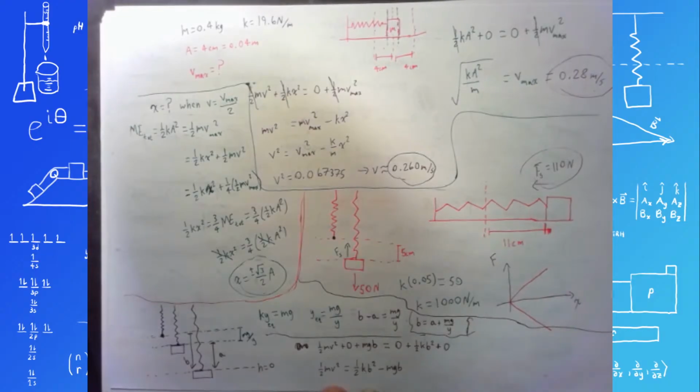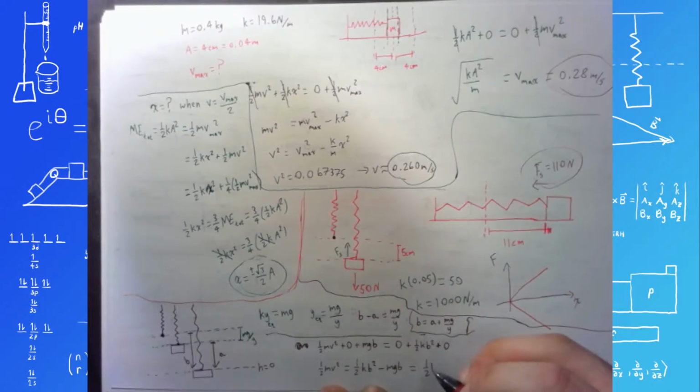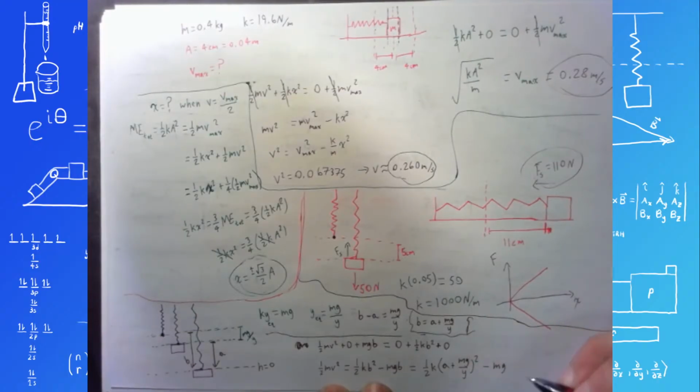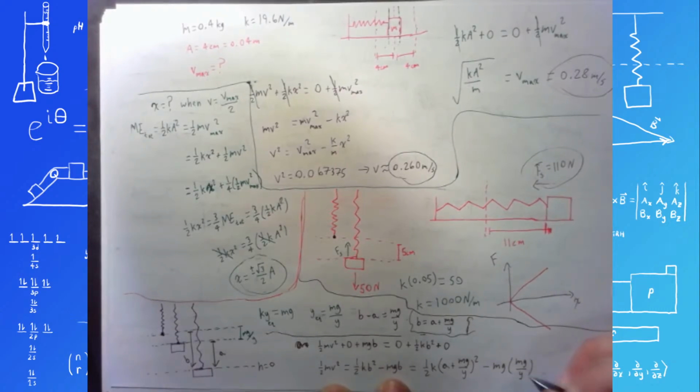If I replace the b with a plus mg over y, then this is equal to 1/2 k times (a plus mg over y) squared minus mg times b, which is mg over y.